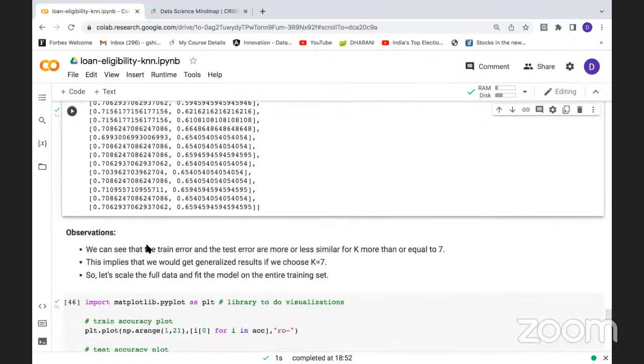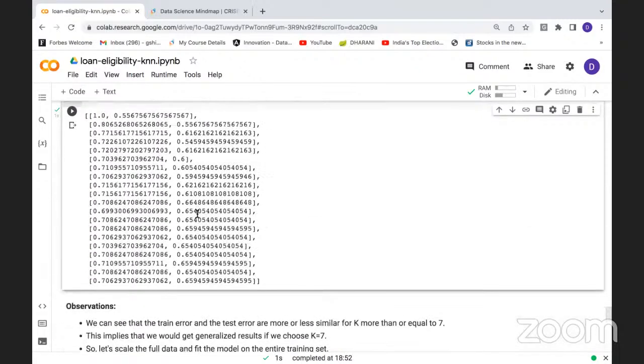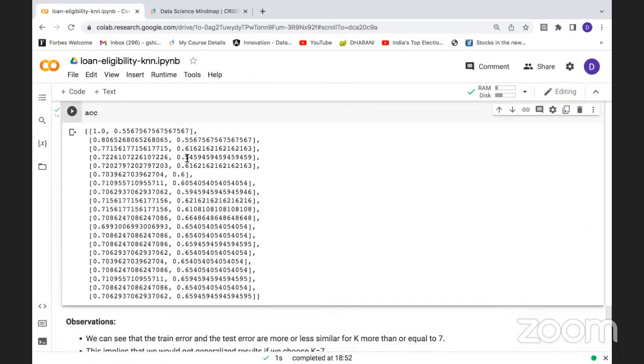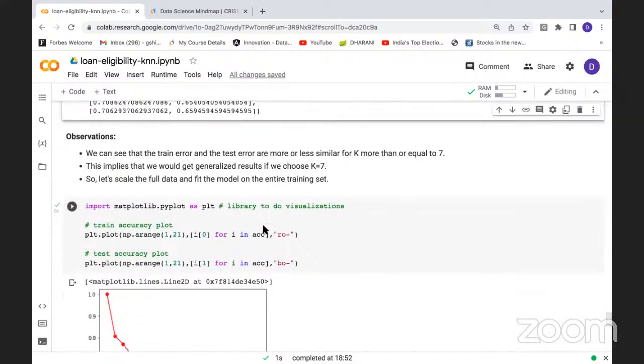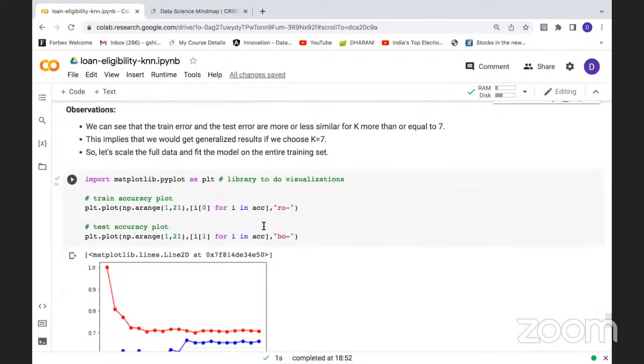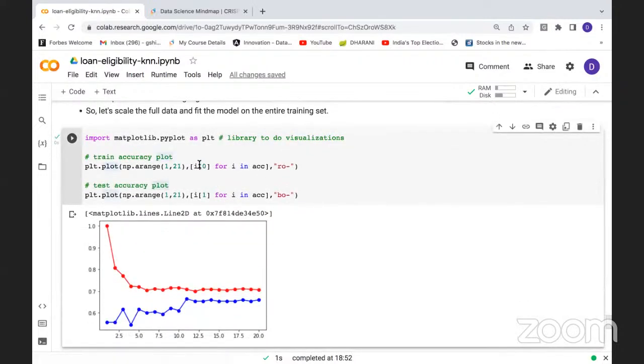See, this is what we have done for 11. Now we can try with k equal to 12 also. So what you can do is plot. We will take all train accuracies in red color, test accuracies in blue color.